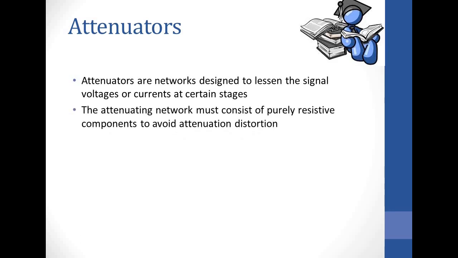The attenuating network must consist of purely resistive components to avoid what we call attenuation distortion. Our attenuators consist of only resistors, because the characteristic of our signal when it passes through a resistor doesn't change with changes in frequency. This means that all frequencies are treated the same way when they pass through a resistor, unlike capacitors or inductors.